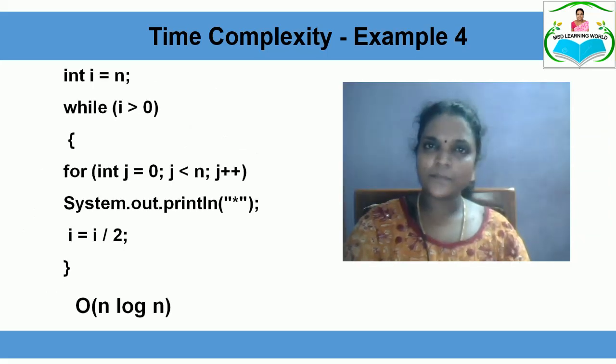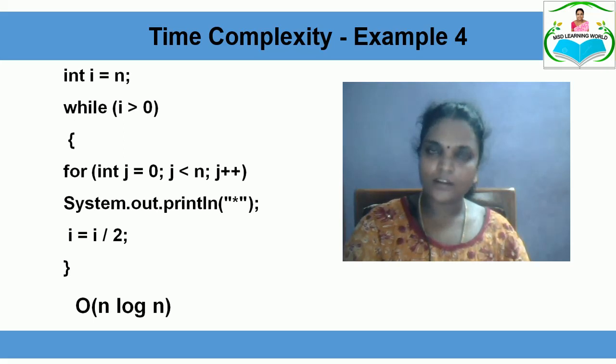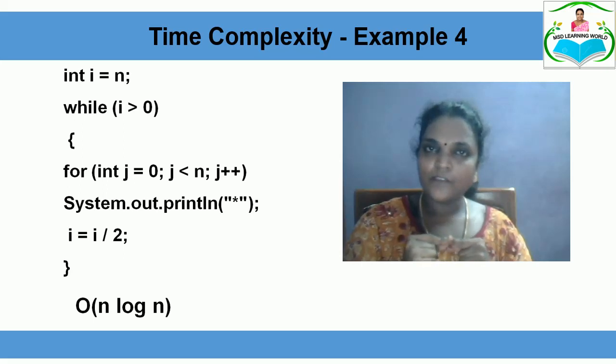So the time complexity of this function is order of n. Here comes some difference in the code. Initially, before the while loop is executed, the i value is initialized to 1, and the while loop is executed based on the value of i. Whereas the inner for loop is a j loop which is executed n number of times.